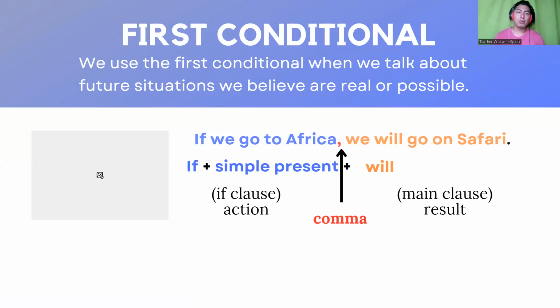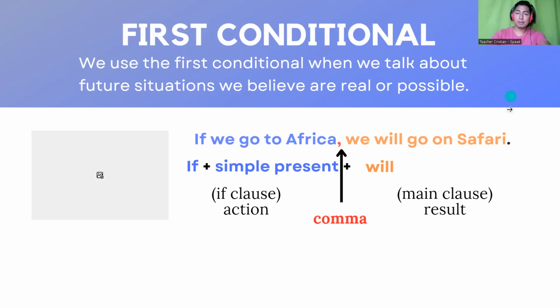Okay, to start with the first conditional, let's see a short definition of this grammar. We use the first conditional when we talk about future situations we believe are real or possible. As you can see, there are some examples talking about situations that can be true. For example, if we go to Africa, we will go on safari.